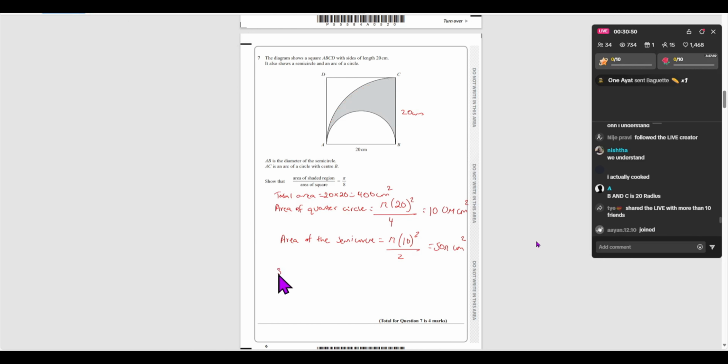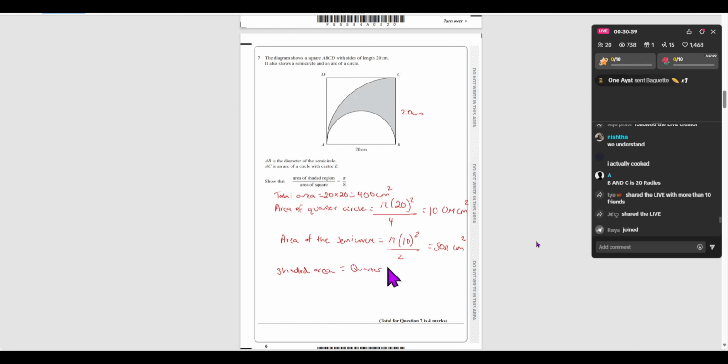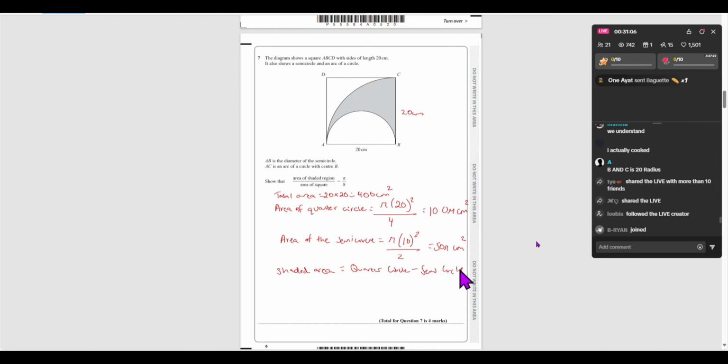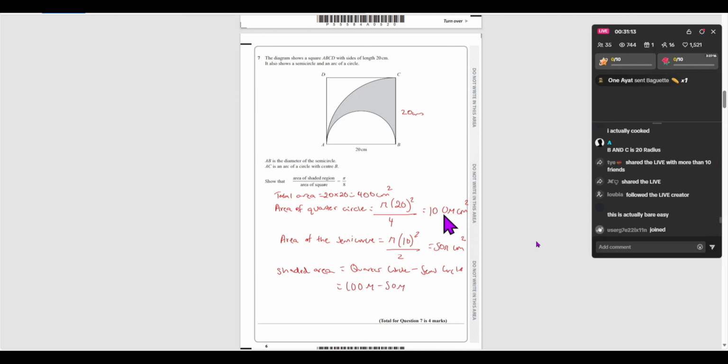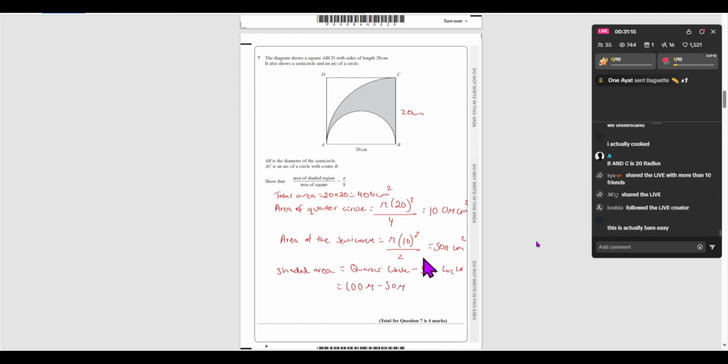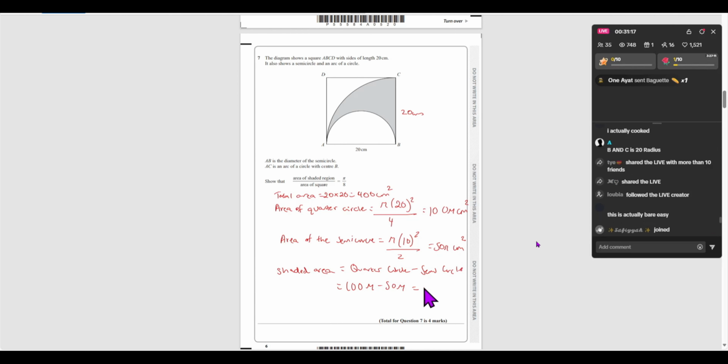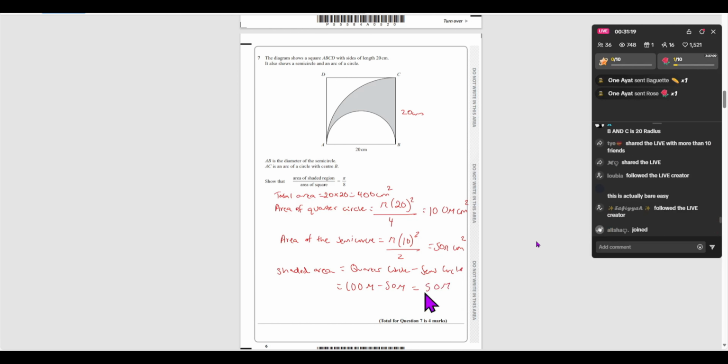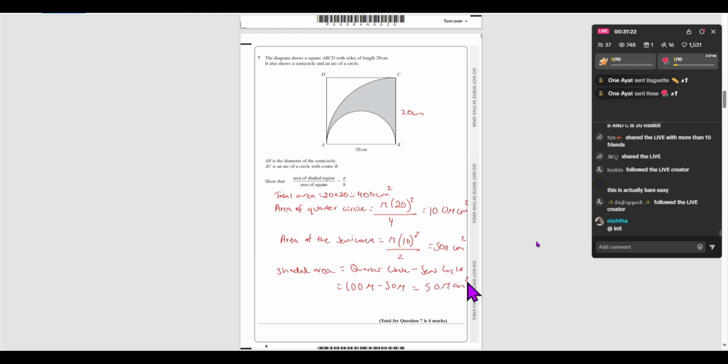So the shaded area is equal to the quarter circle minus the semicircle. That's going to be 100 pi minus 50 pi, because we got 100 pi for the quarter circle and 50 pi for the semicircle, and then you end up with 50 pi centimeters squared.